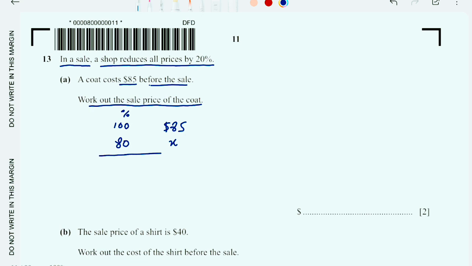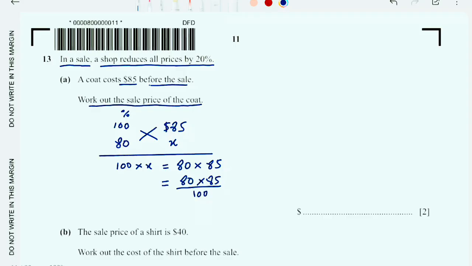We have to cross multiply. 100 times x is equal to 80 times 85. We have to divide by 100. 80 times 85 divided by 100.